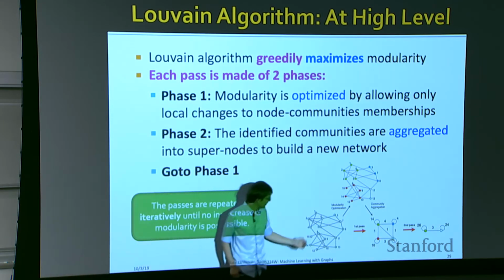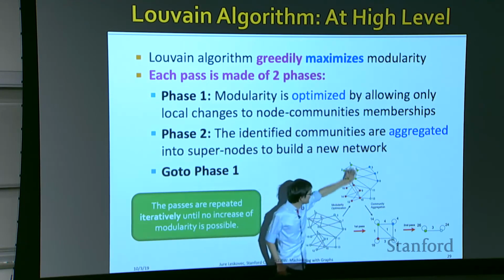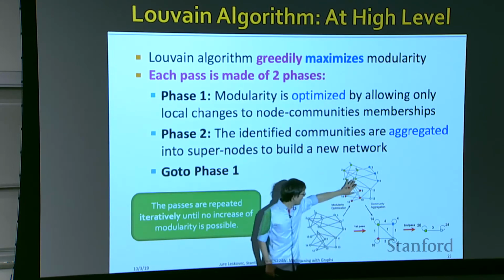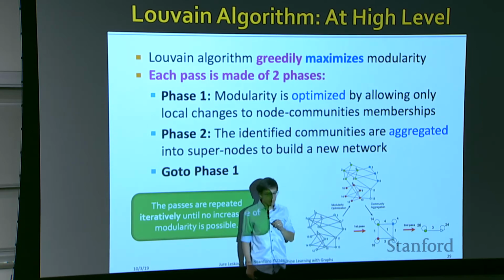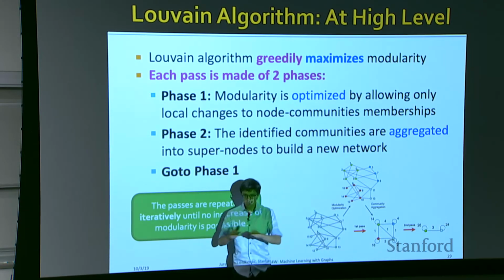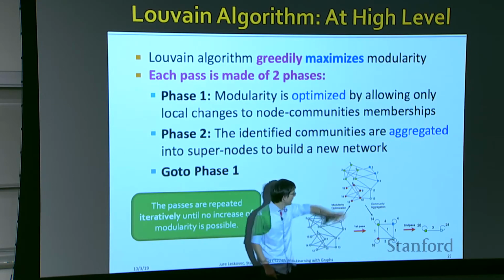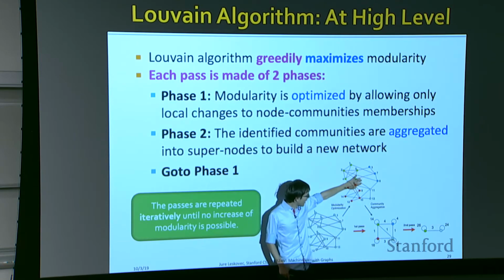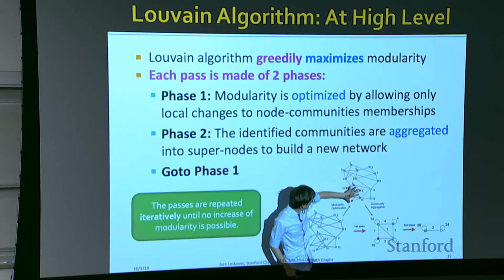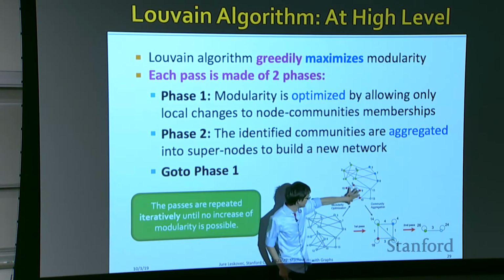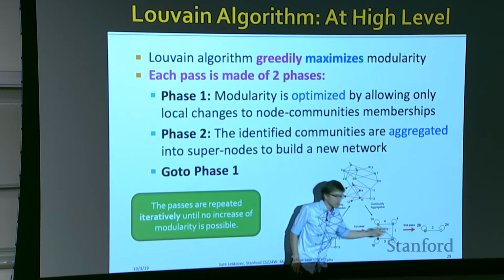So here is a visualization. I start with a network, and I apply phase 1 to identify some groups. The way I do this, as I will explain, is I start with every node belonging to its own community, and then I try to move nodes across communities to increase modularity, and I keep doing that until I get stuck. After I have identified the communities, I do the community aggregation, which is phase 2, which means every set of nodes of the same color, of the same community, gets merged into a supernode, and then I create a graph on the supernodes.